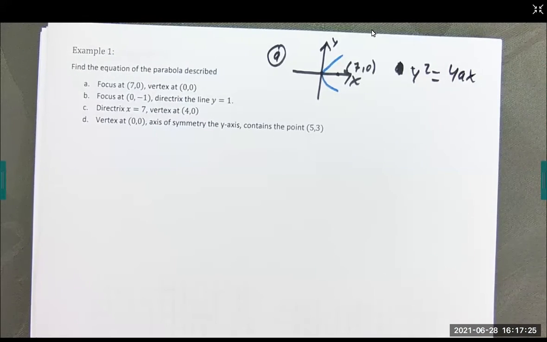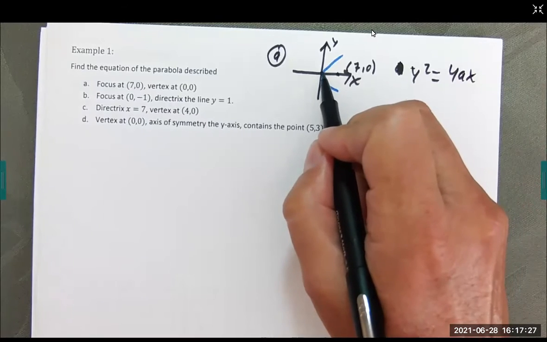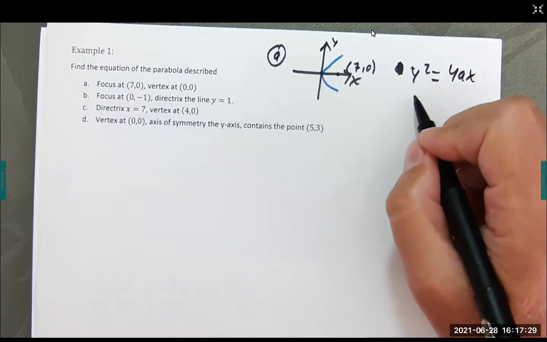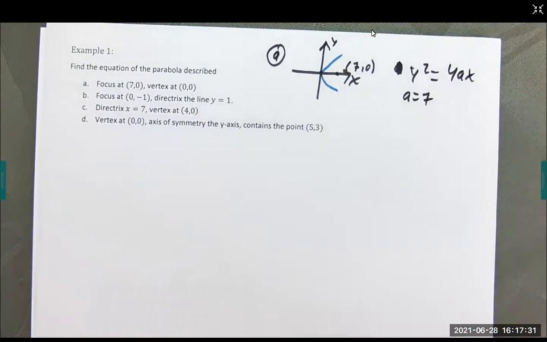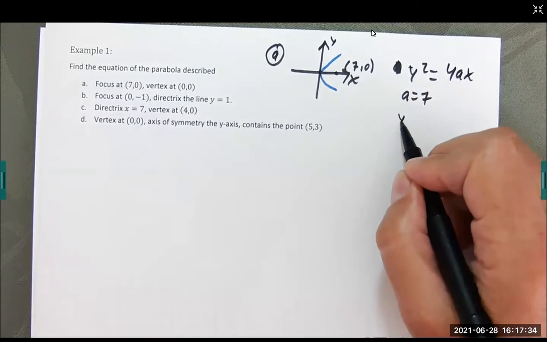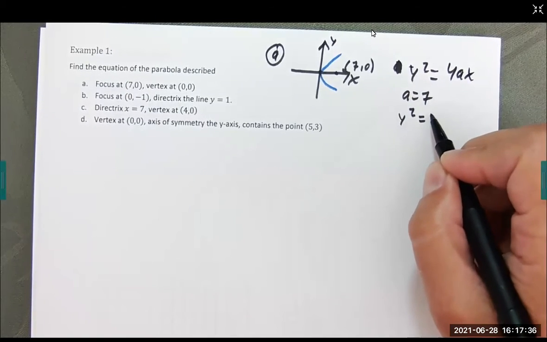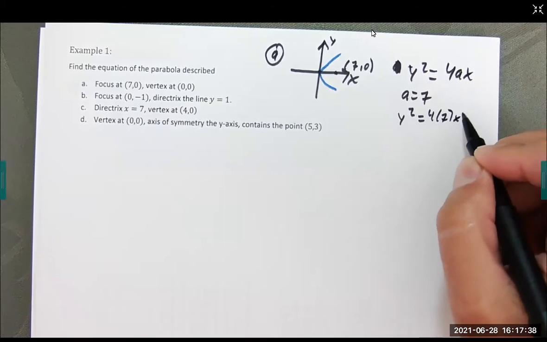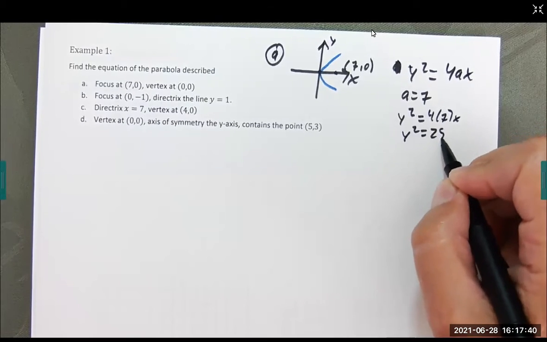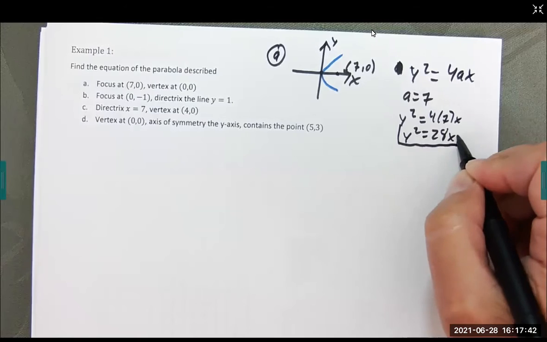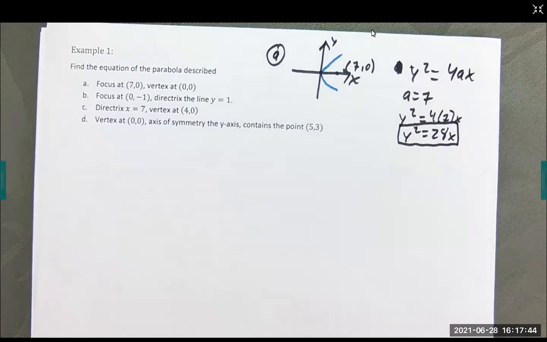And it looks like A in this case is 7. That's the distance from the vertex to the focus. So A in this case is 7. So it looks like we have y² equals 4 times 7x. Here's our equation. Yay.